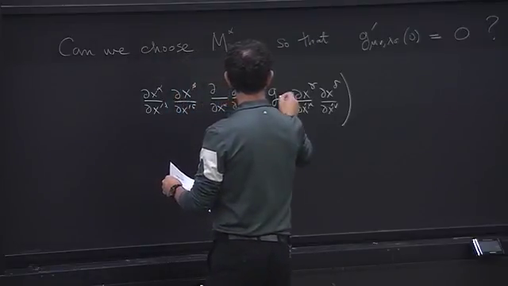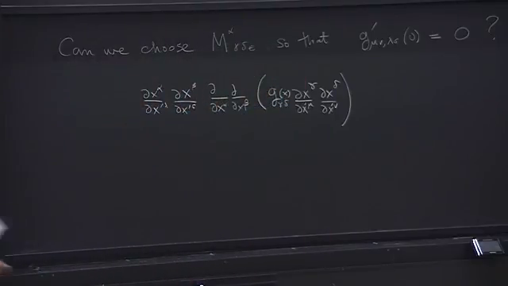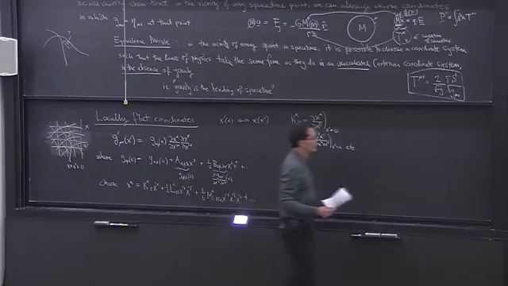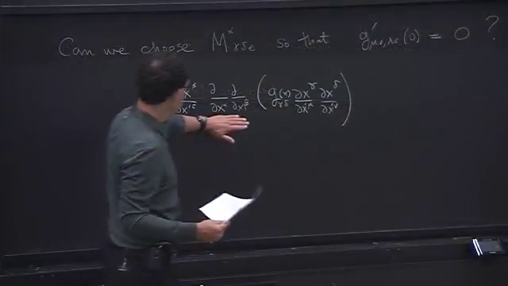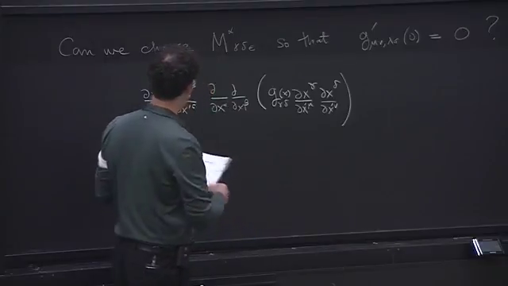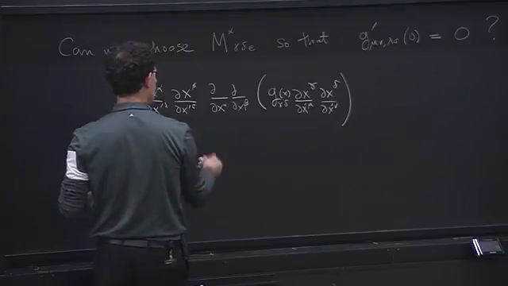This is g of x. And when I work out this quantity on G, I would do it this way, right? I differentiate with respect to x, and then I use these formulae.